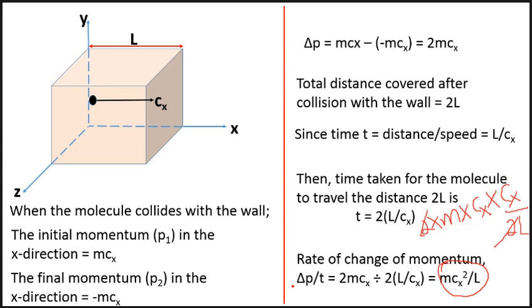The result is what I have right there. So that means the rate of change in momentum equals mcs square over L. Now from here, let's quickly take a look at the important aspect of this.